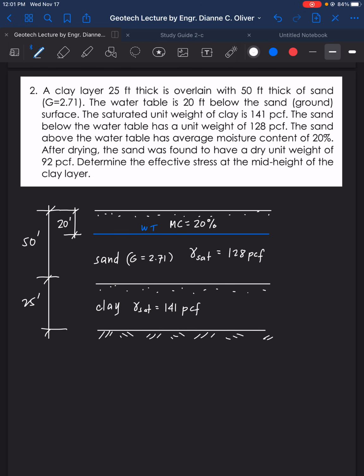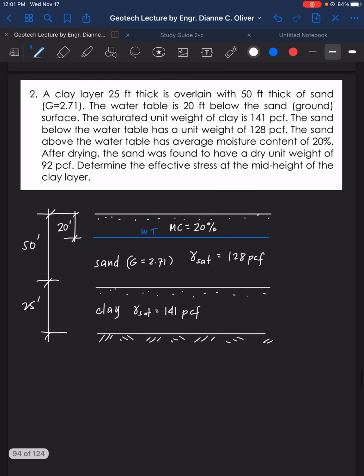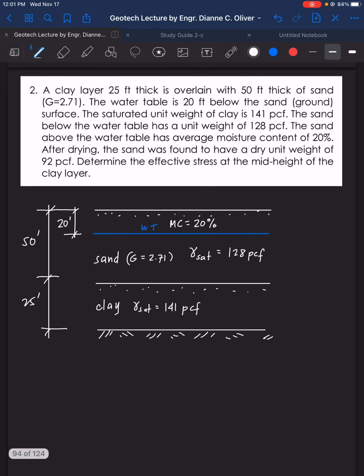After drying, the sand was found to have a dry unit weight of 92 PCF. So upon drying, it says there, sand has gamma D equal to 92 PCF. Now, why did I put it outside? So why did I remove it from the figure?